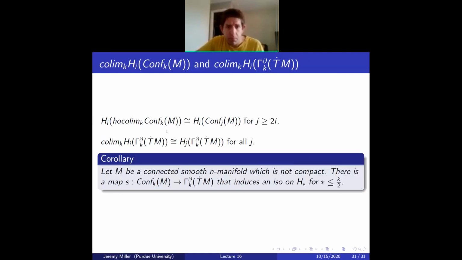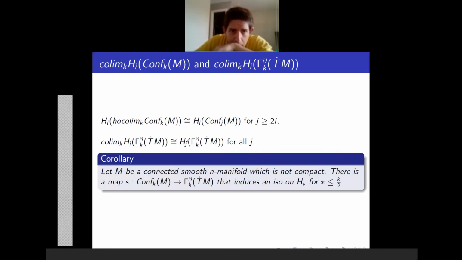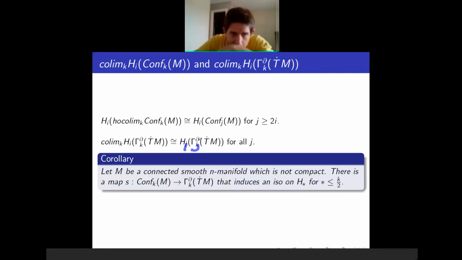I don't know why I wrote ho-colim on one side and colim on the other side. So what I'm saying is the ith homology of the homotopy colimit is just the ith homology of configurations of j points once j is at least 2i, by homological stability. And here, a typo, this should be i, this should be j.